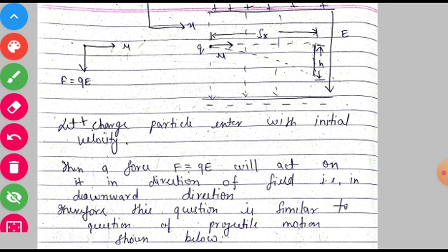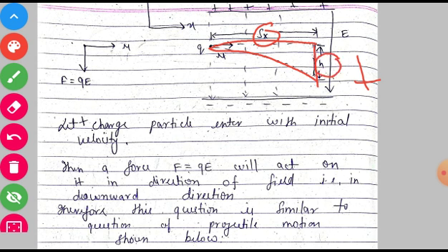this motion further. So I have assumed, let after some time t. Since the motion has started, after some time t, the charged particle will move from here to here in a curved path. During this time t, it has gone through some horizontal displacement sx and also some vertical displacement h.